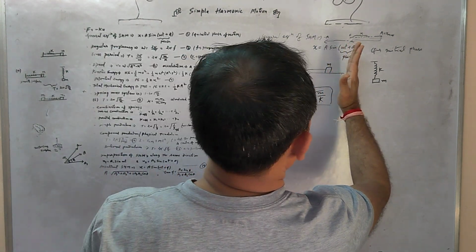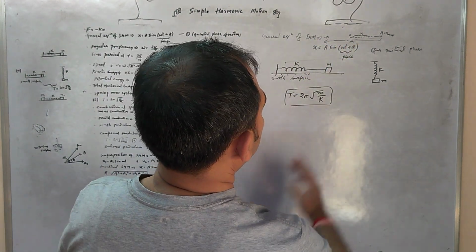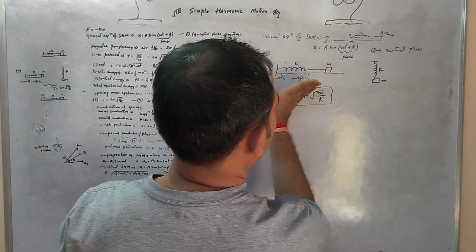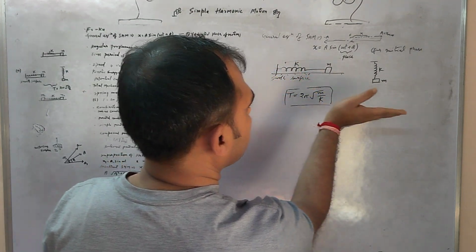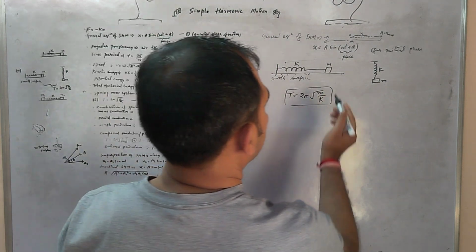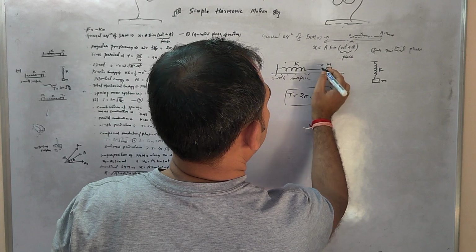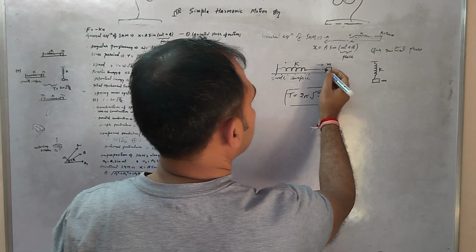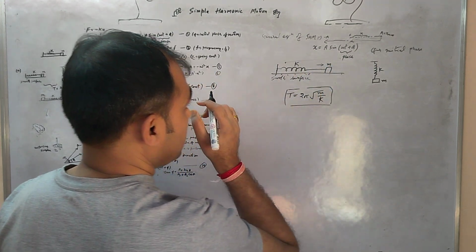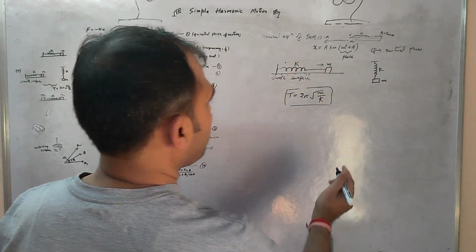If we push this particle, then the restoring force will act in this direction, and that will be equal to kx. That is the case for simple harmonic motion.